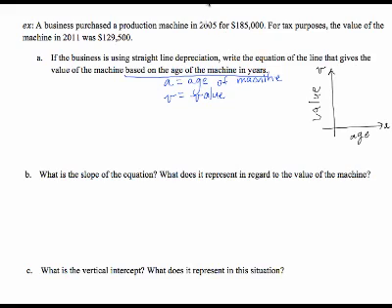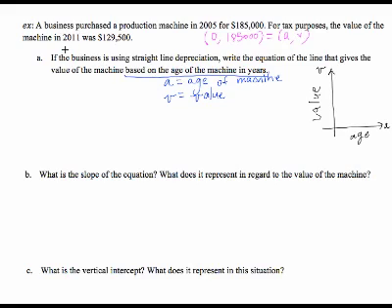Now let's write these numbers as coordinate points. If the business purchased the machine in 2005, then its age in 2005 is 0. It's brand new. So a coordinate point on the line is 0, 185,000. That is an A, V point.